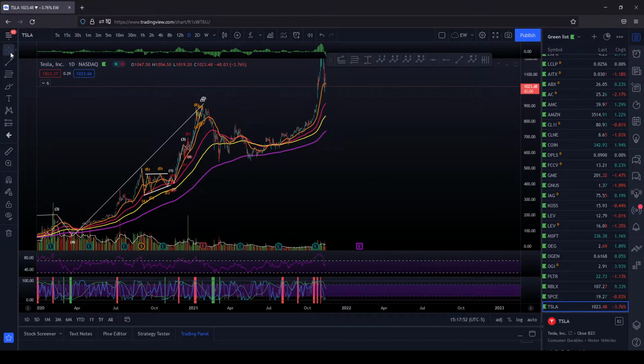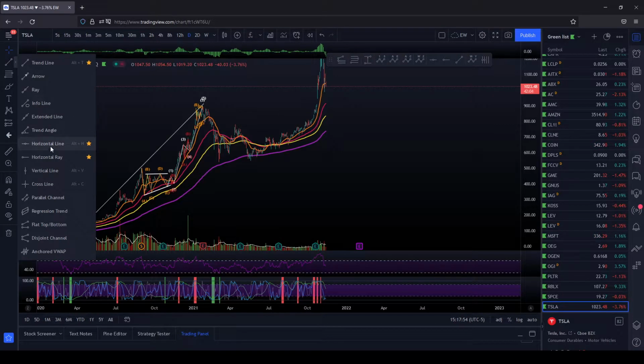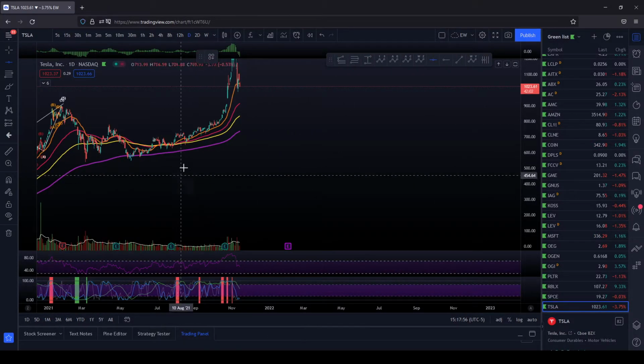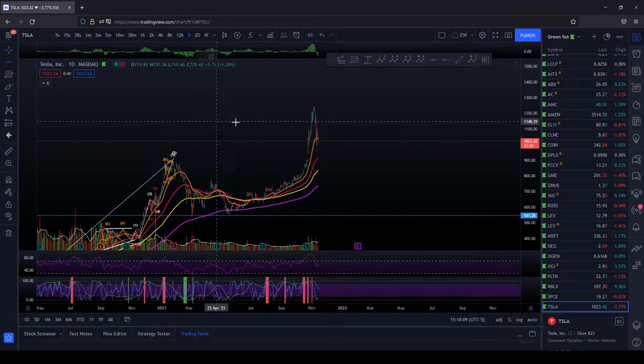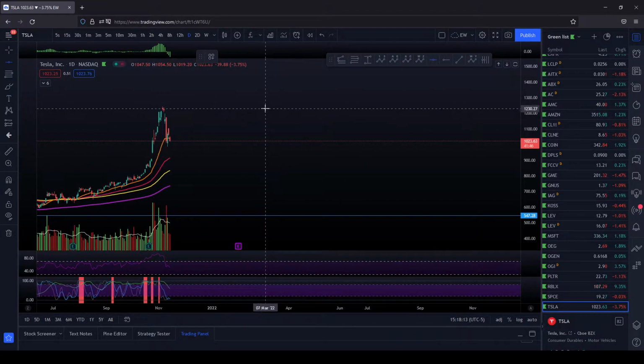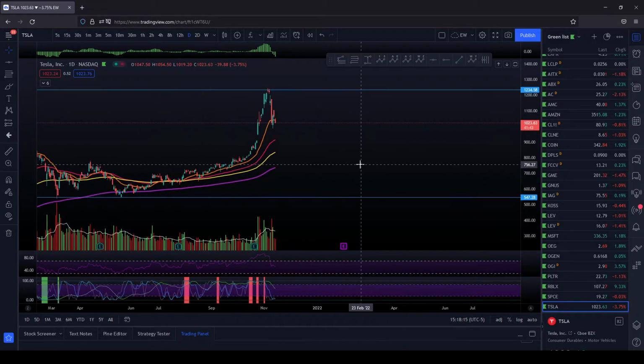and let's say horizontal supports and resistances, so like this would be a support now, if we come back down to it, and we have the most recent resistance, which would be on the daily chart around this level here.